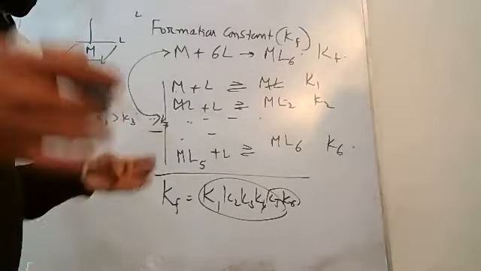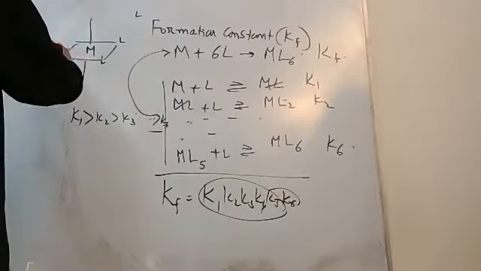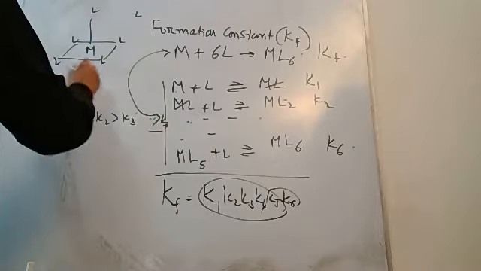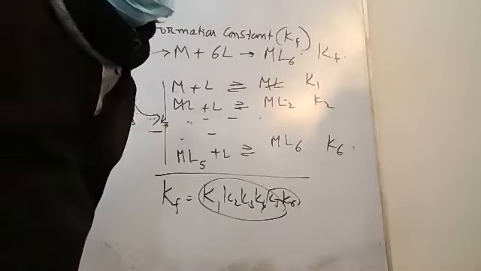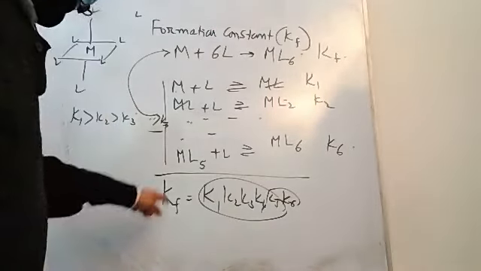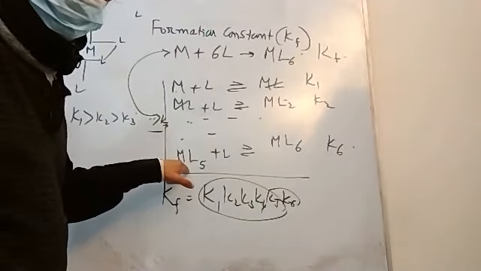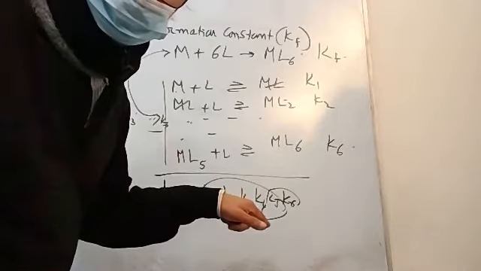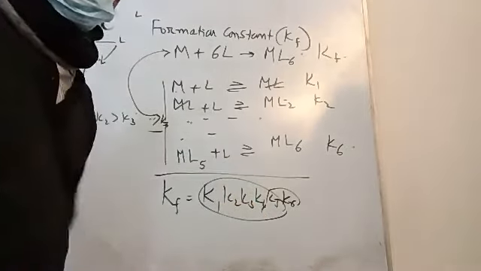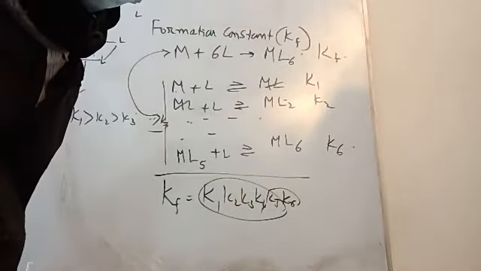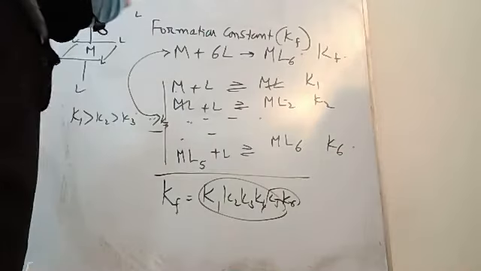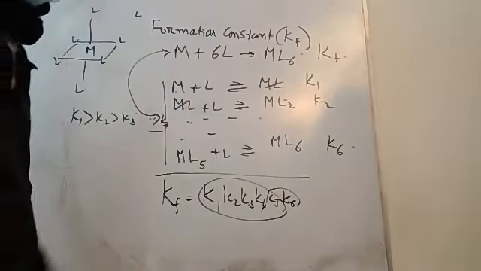So the possibility of successful collisions decreases as you increase the substitution. Highly substituted complexes like ML5 will have very few successful collisions that lead to the formation of ML6. Okay, so that is generally the trend.